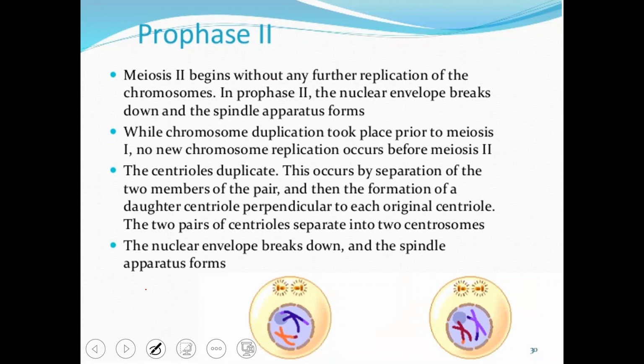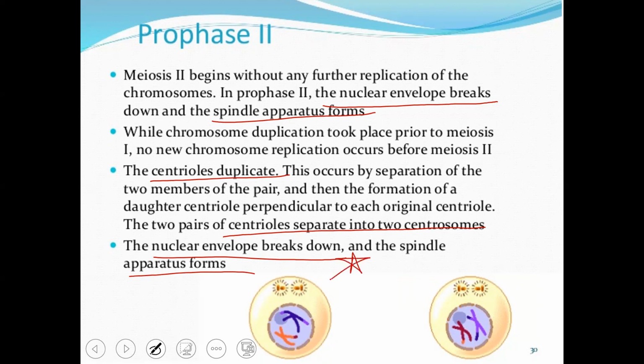It is a short phase. The same thing happens as in mitosis: the nuclear envelope breaks down and the spindle apparatus, or spindle fibers, form. The centrioles also separate. These are the major events that take place in prophase 2.